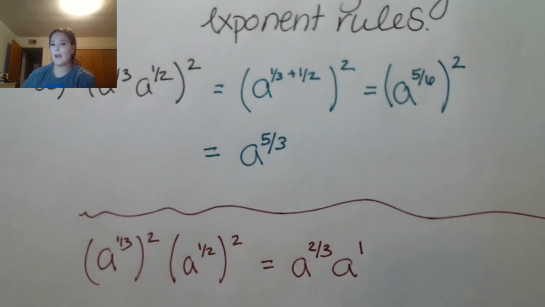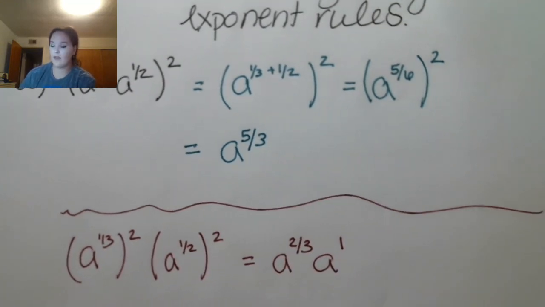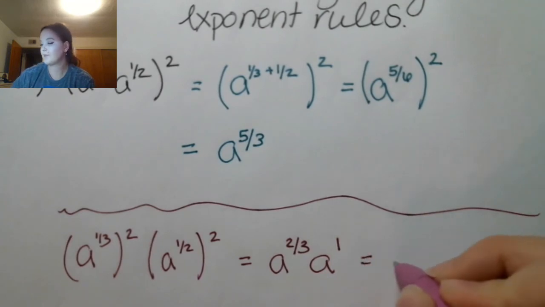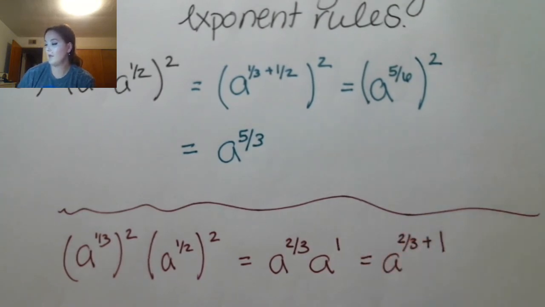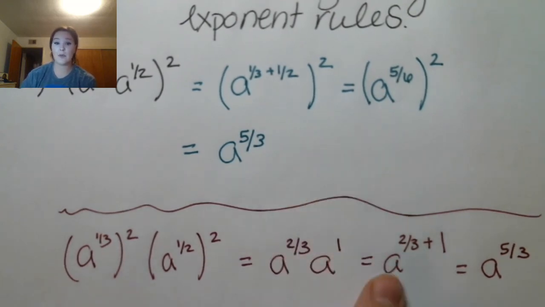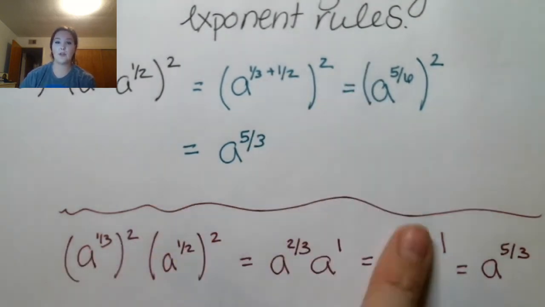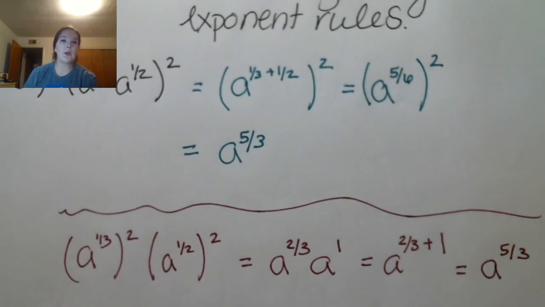Now we're going to add these two together, so this would give me a to the 5/3. So same answer, same number of steps, honestly, right? 1, 2, 3. So either way is just as good.